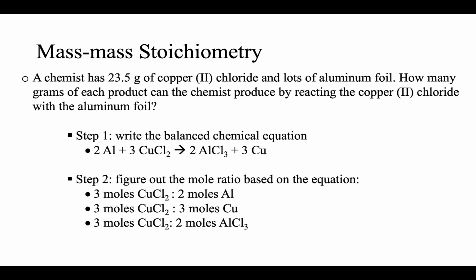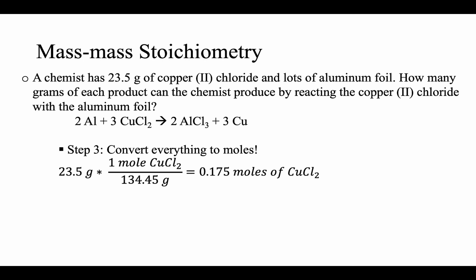Step 2 is to figure out the mole ratio based on the equation. I know that the ratio between copper 2 chloride and copper is 3:3, in other words, just 1:1. And the ratio between copper 2 chloride and aluminum chloride would be 3:2.